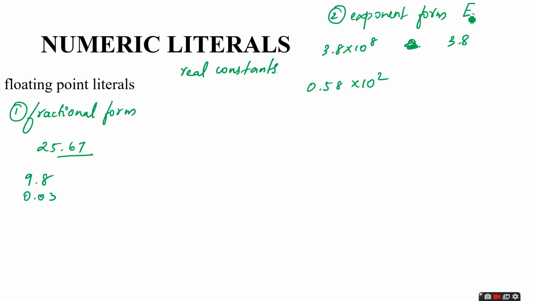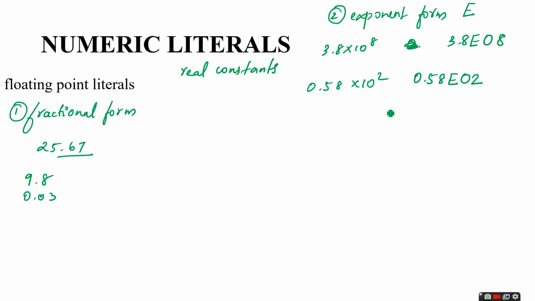Exponent is represented by capital E. So we can write 3.8E8. That is 10 raised to 8. Next 0.58 into 10 raised to 2. So we can write 0.58E2.